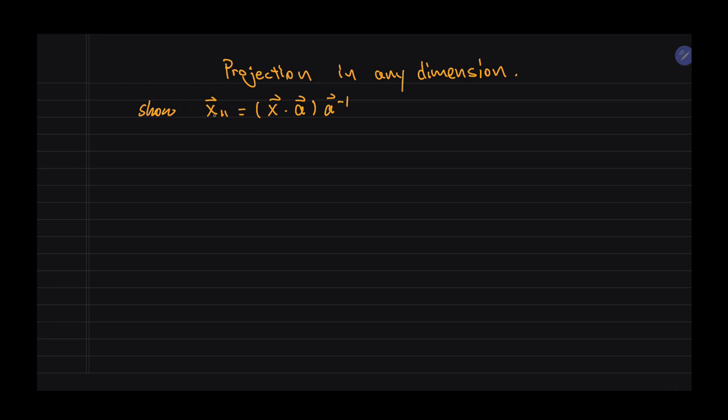So now we want to show that x parallel can indeed be written in this form, x dot a geometric product a inverse. How do we do that? We start with this expression, x dot a, and we also want to realize that x can be written as x parallel plus x orthogonal.